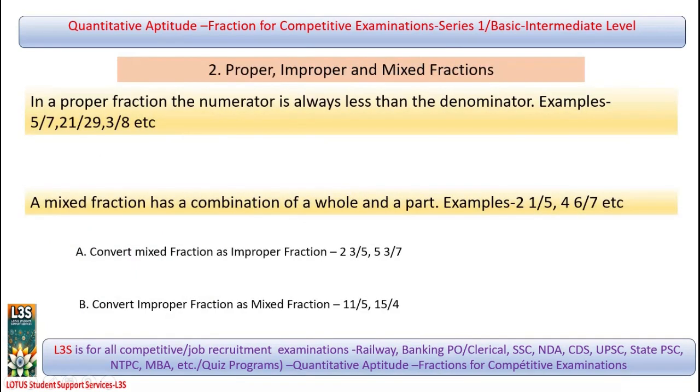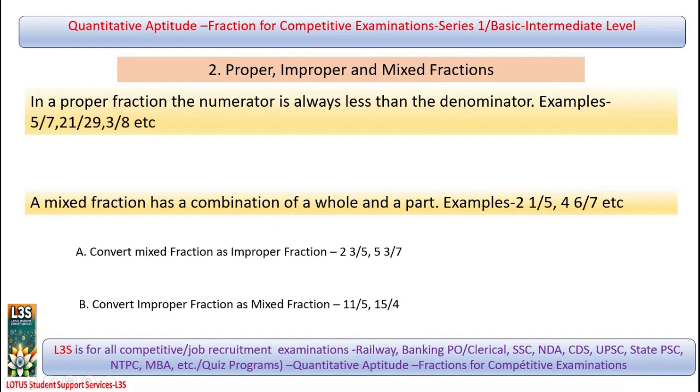Proper, improper and mixed fractions. In a proper fraction, the numerator is always less than the denominator. Examples: 5 by 7, 21 by 29, 3 by 8, etc. Here we can see in the first example, the numerator is 5, the denominator is 7, so the numerator is less than the denominator.